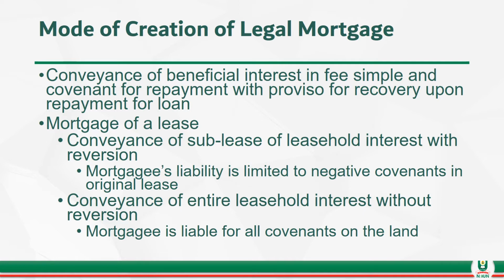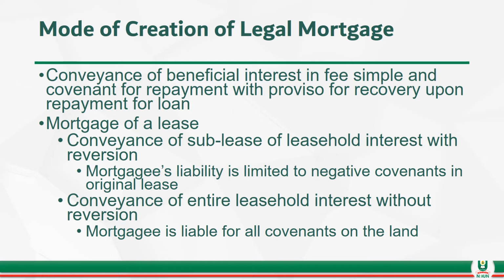And the implication of this is that the mortgagee's liability under a sublease with reversion is limited only to the negative covenants, because the relationship between the mortgagor and the lessor still remains.